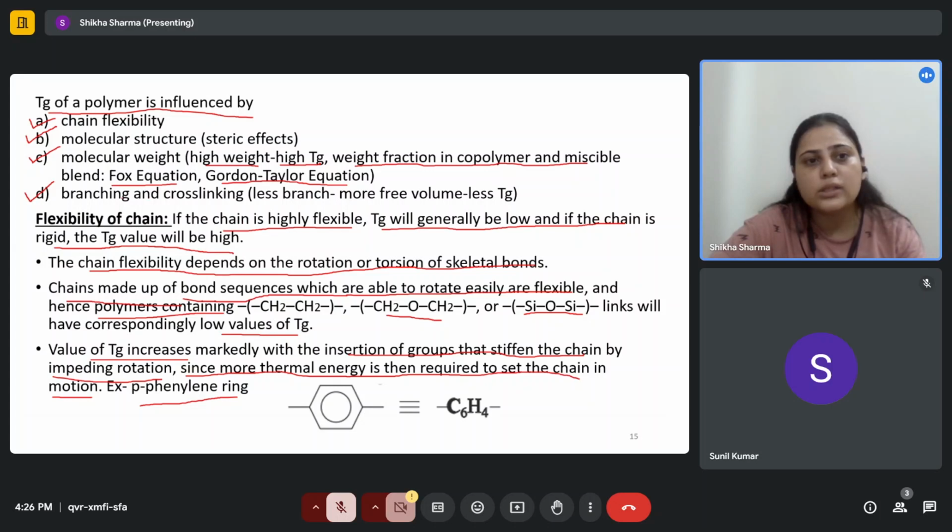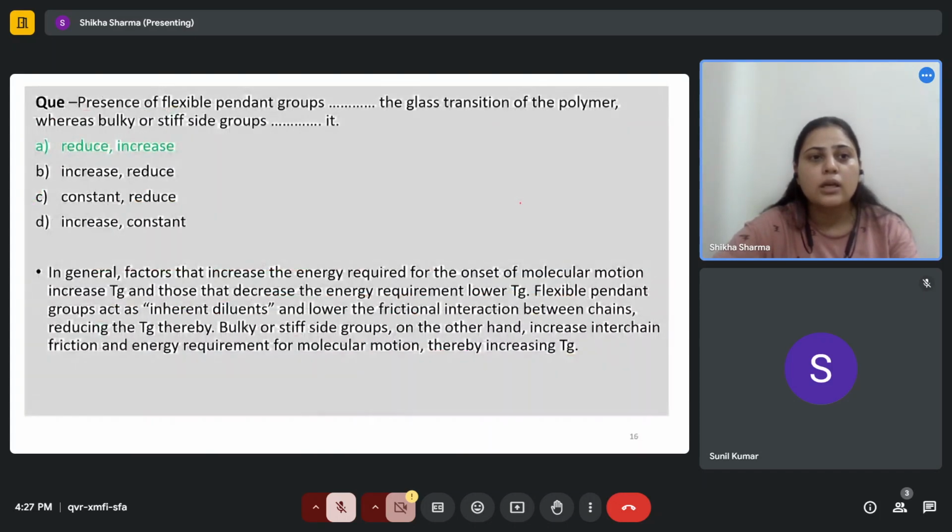Branching and cross-linking: if there is less branching and less cross-linking, what happens? There will be more free volume, so Tg will be lesser, right? So we are discussing this concept just to understand what the different factors are on which the glass transition temperature depends.